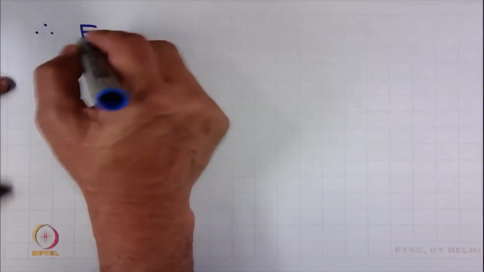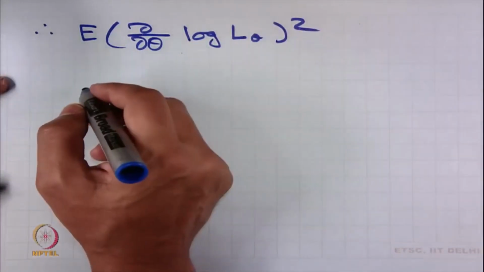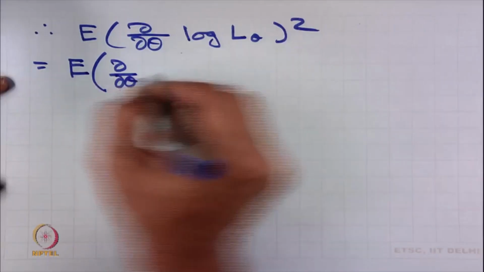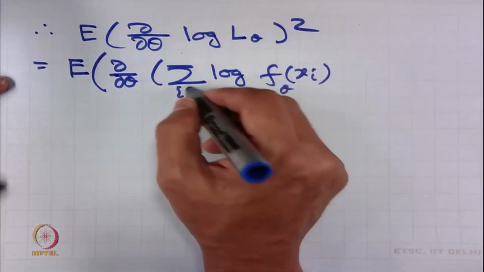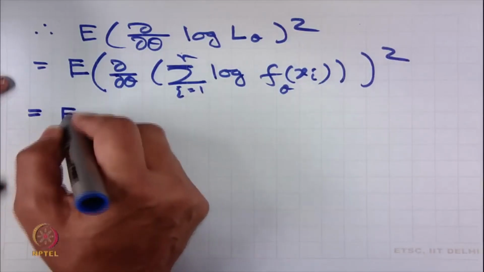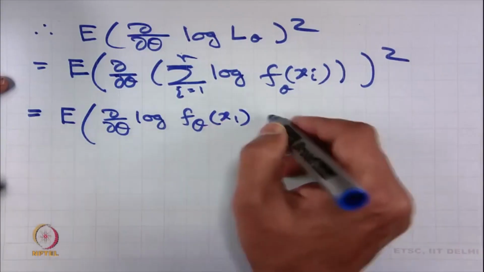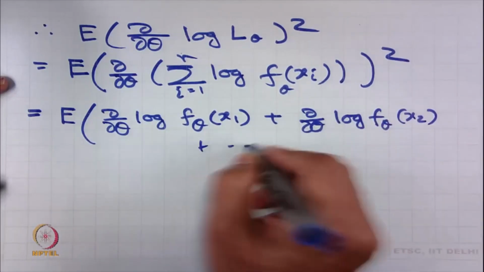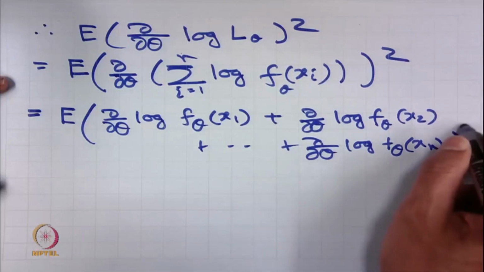Therefore, expected value of del theta log L theta whole square is equal to expected value of del theta of sigma log of f xi, i equal to 1 to n, whole square, which is equal to expected value of del theta of log of f theta x1 plus del theta of log of f theta of x2 plus del theta of log of f theta of xn whole square.